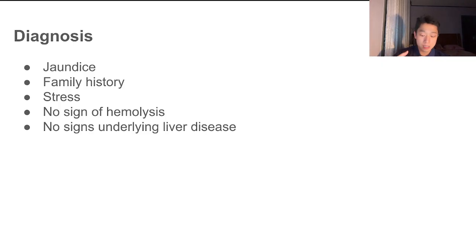Also, in this hereditary hyperbilirubinemia, we will not have signs of hemolysis, so we will have a normal complete blood count. The reticulocyte count will also be normal, okay? And we will not have signs of underlying liver disease, so the AST, ALT, and alkaline phosphatase will all be normal.